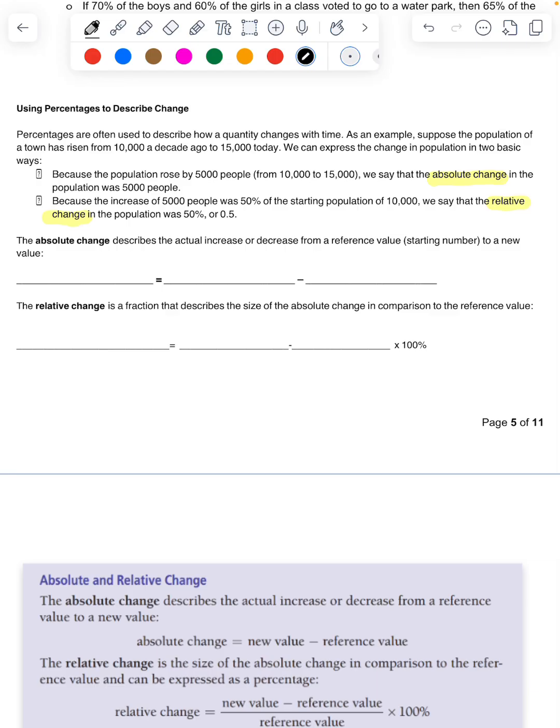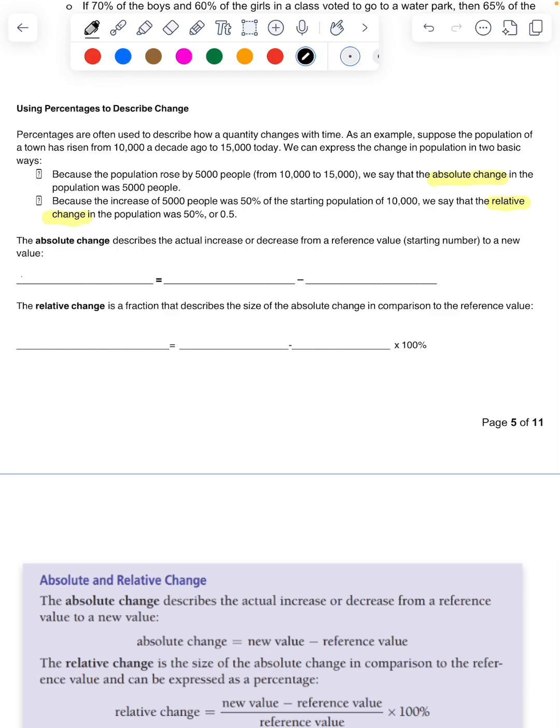So for example, if we were comparing enrollment at Brightpoint and Reynolds from different years, it's more useful to look at the relative change than the absolute change, because there could be a different number of total students at each of those colleges. So the absolute change describes the actual increase or decrease from a reference value or the starting number to the new value.